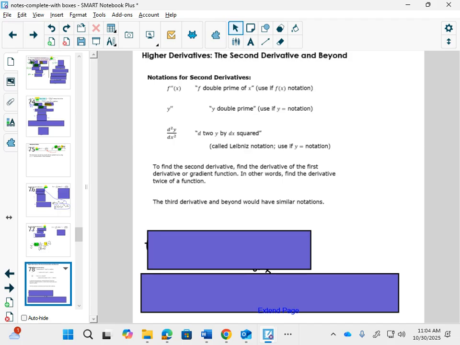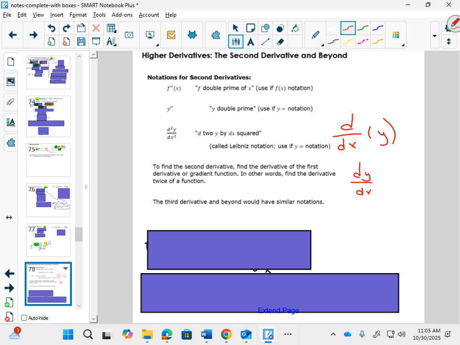With Leibniz notation, we get creative with what we square. It kind of works like this. This is a notation for taking the derivative of y. Do d dx of y. Hence, you get the first derivative being dy dx. If you did the d dx of y again, does it kind of make sense that just the d gets squared on the top?